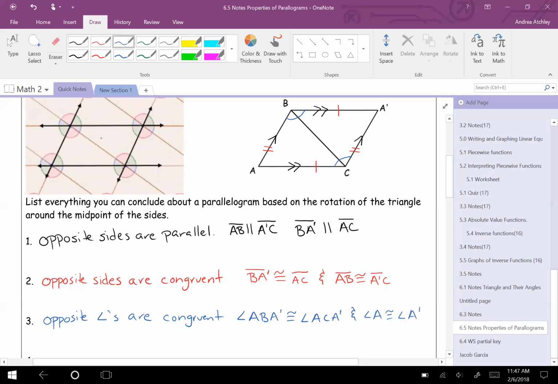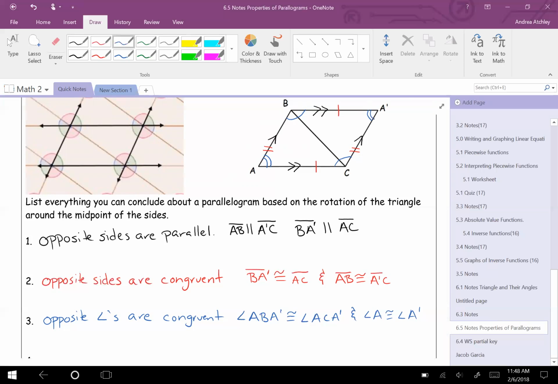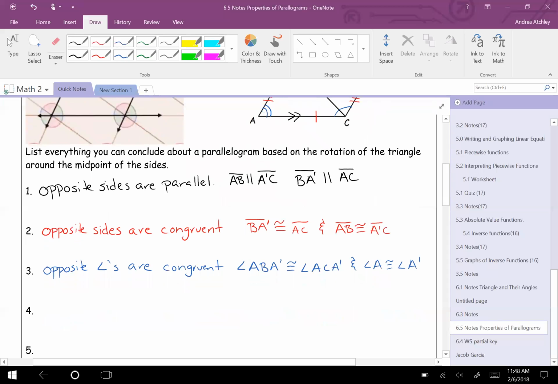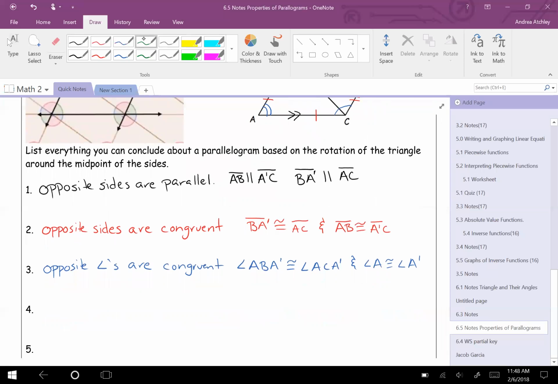And this is red and blue, and this one's red and blue, so those two angles are also congruent because of my transformation of my triangle. So then we would also put the arc marks on the A and the A prime to show that those two are congruent to each other. Any questions over that?